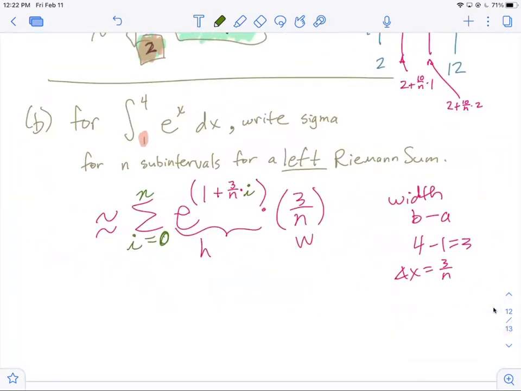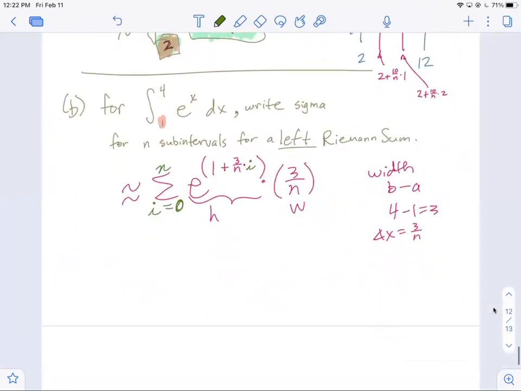Okay. Now, what's important is in general, and this is kind of where Riemann actually came in.